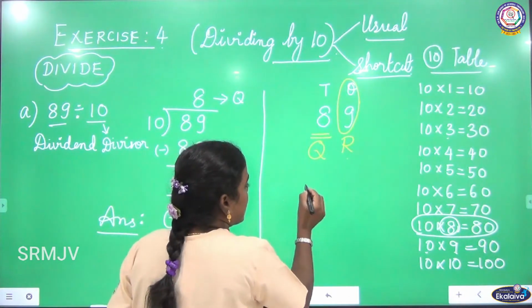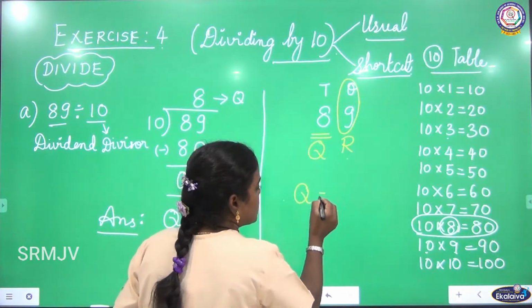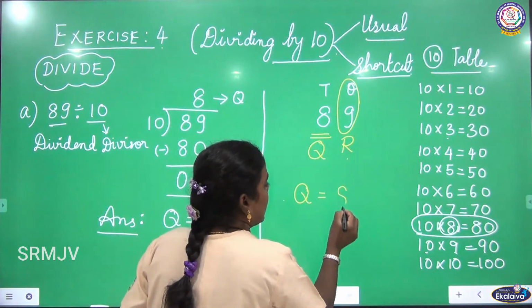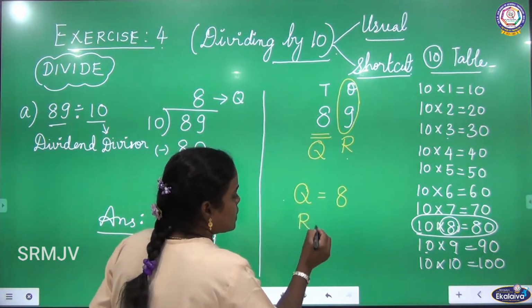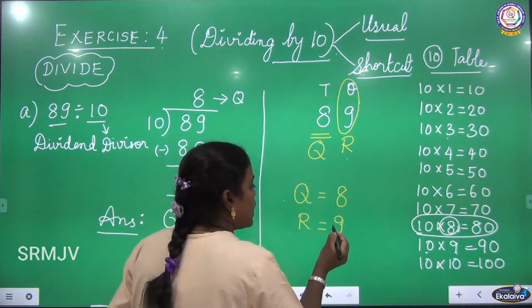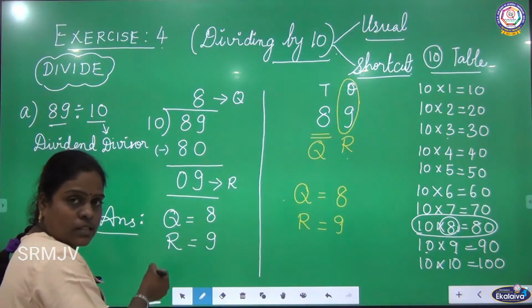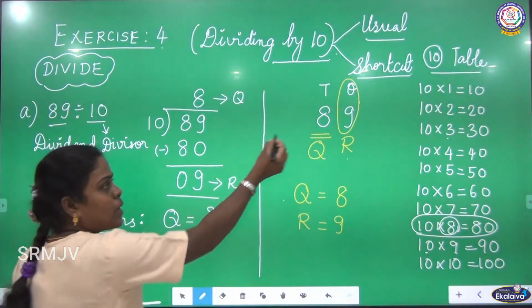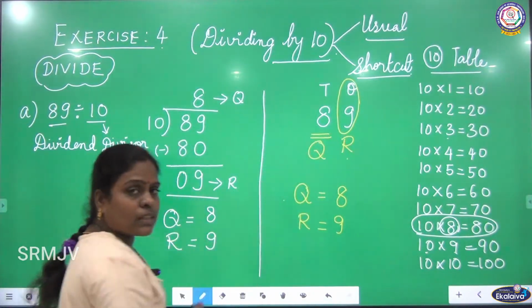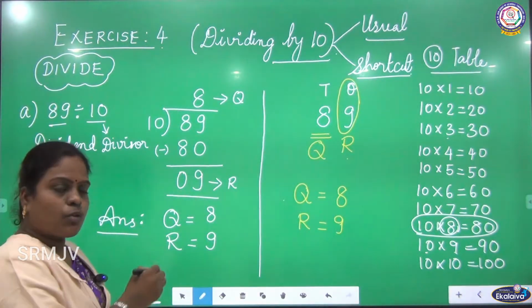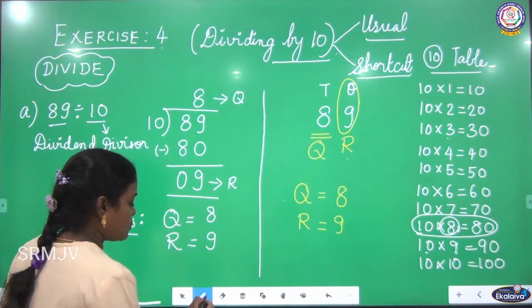So here look at the answer. Quotient is 8 and the remainder is 9. In both the methods you will get the same answer, but the shortcut method is very easy to follow.